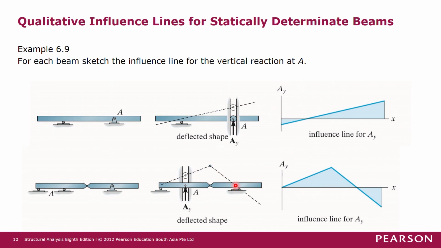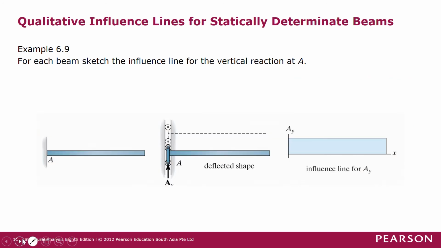And this pin support here can rotate but cannot be displaced in the vertical direction also, so it will rotate like this. So this gives you the general shape of the influence line for AY in this particular beam here.